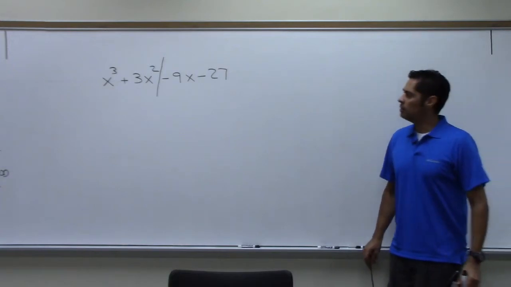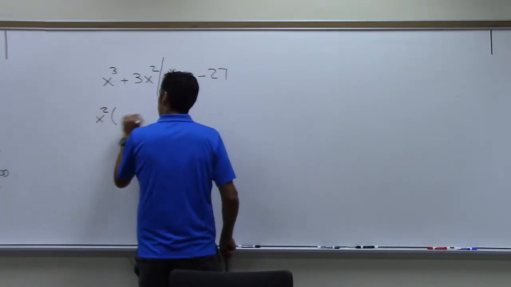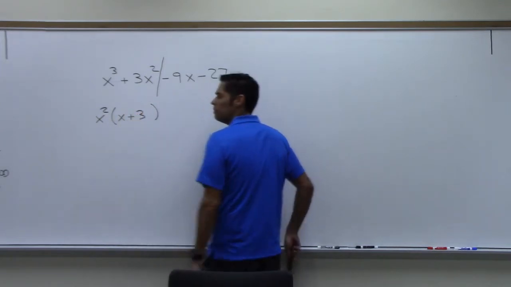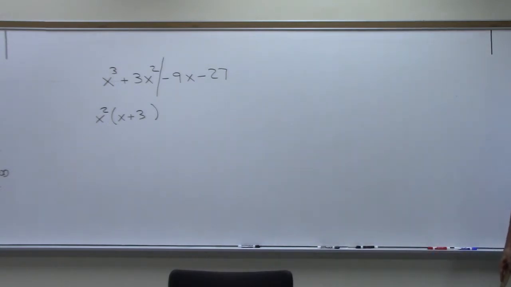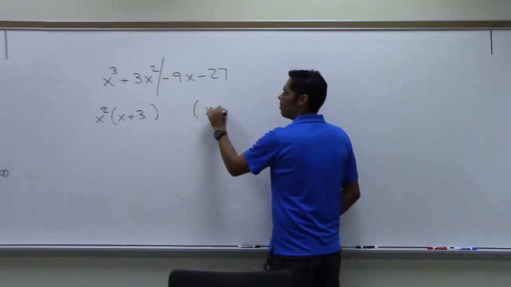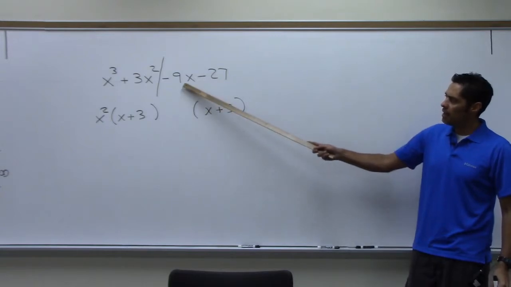What comes out of the first one? X squared. What's here? X plus 3. Good. Next one. Do y'all like that matching thing where we just write it? Okay, let's just do that. And now you have to turn x into negative 9x.